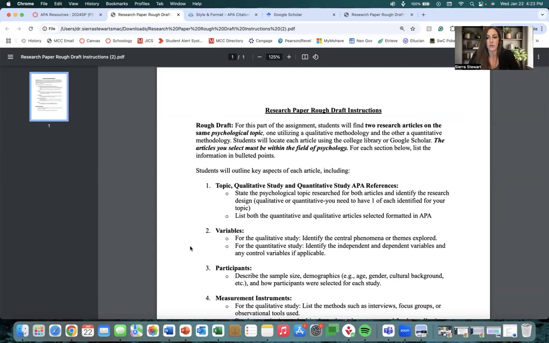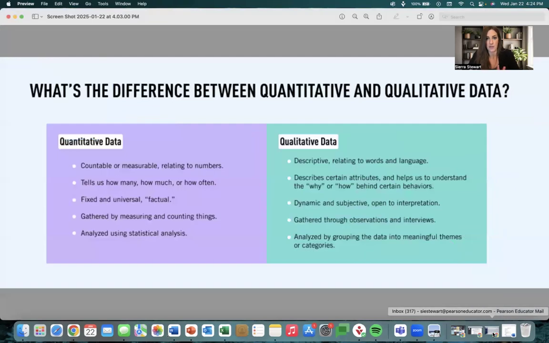All right. So the biggest thing between the two of those, if you aren't exactly sure, I wanted to go over the differences between quantitative and qualitative before I do anything else. So what is the difference between these two things? Okay. So number one, quantitative data. You're looking at something that is measurable relating to numbers. So you're going to see studies where they're using some sort of statistical analysis, where they're analyzing data through different types of ANOVAs or different types of p-values.